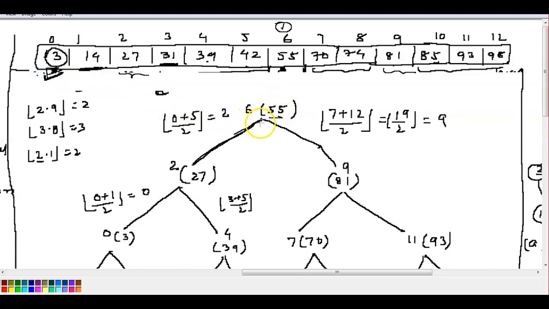So binary search property is there. If any root is there, right hand side will be greater than root and left hand side will be less than root, right? After comparison with 55, this is unsuccessful, compare with the left hand side with 27, right?